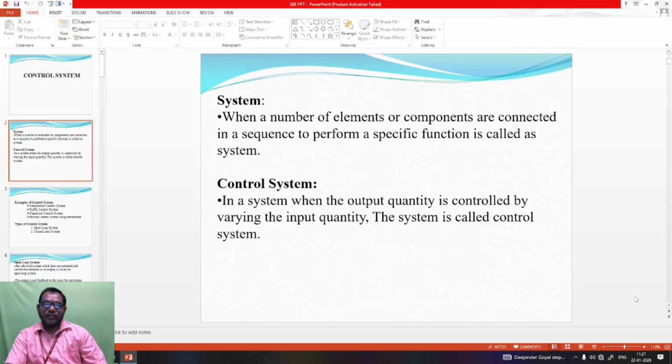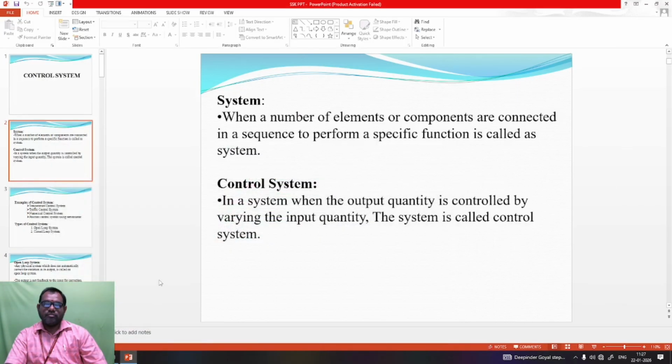So initially, the system. The definition: when a number of elements or components are connected in a sequence to perform a specific function, it is called a system. So this is the definition of the system. The system has a number of elements or components connected in a sequence to perform a specific function.